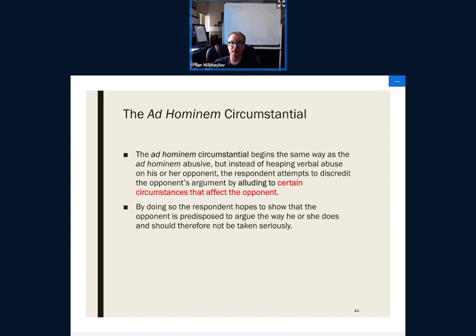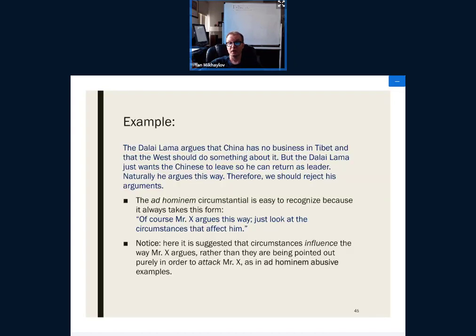Circumstantial would be something like when, instead of abusing the person as in the previous case, you are pointing to a circumstance in their life, or whatever circumstance affecting them, which could make them biased or benefit in some way from the outcome of whatever they're arguing for. Such as this. The Dalai Lama argues that China has no business in Tibet and that the West should do something about it.